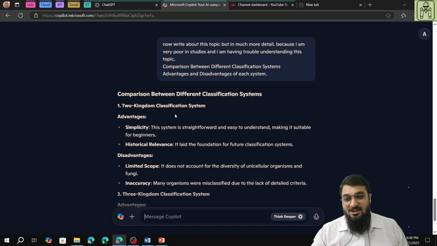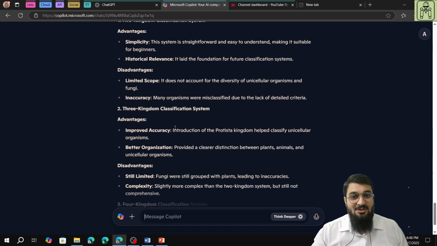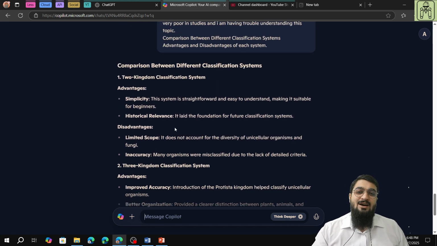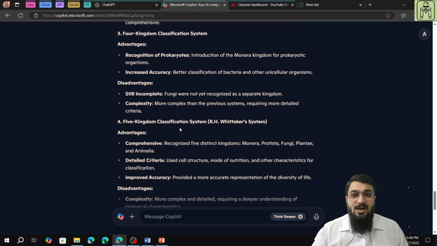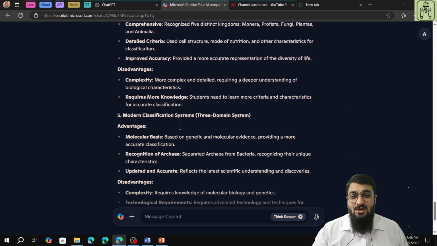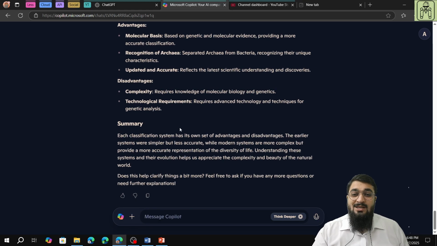So, two kingdom classification, three kingdom classification. Yes, very nice. It has taken our prompt and made the answers very simple and very precise for us to remember. If it gives a very big paragraph, it will be difficult to remember, but small points lay down the map, the basics of that topic, and you can remember easily.